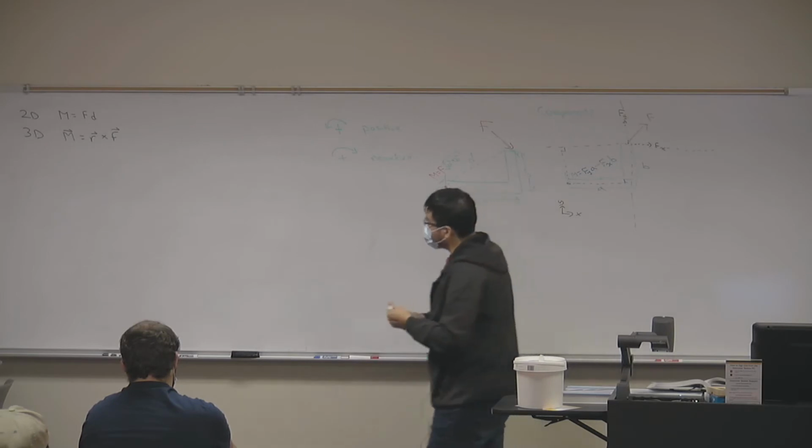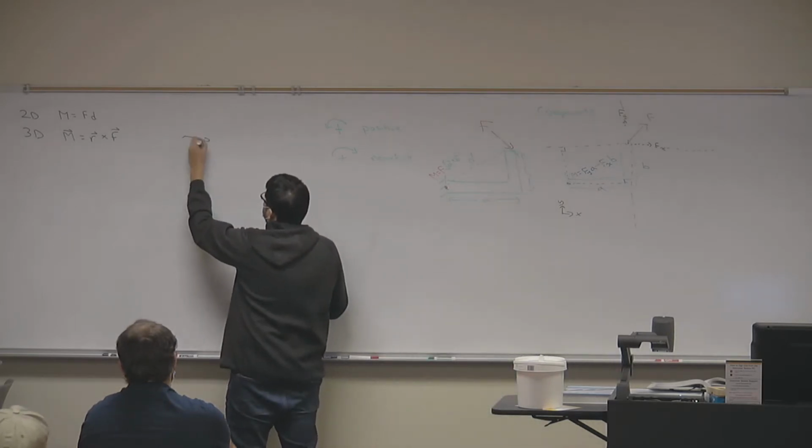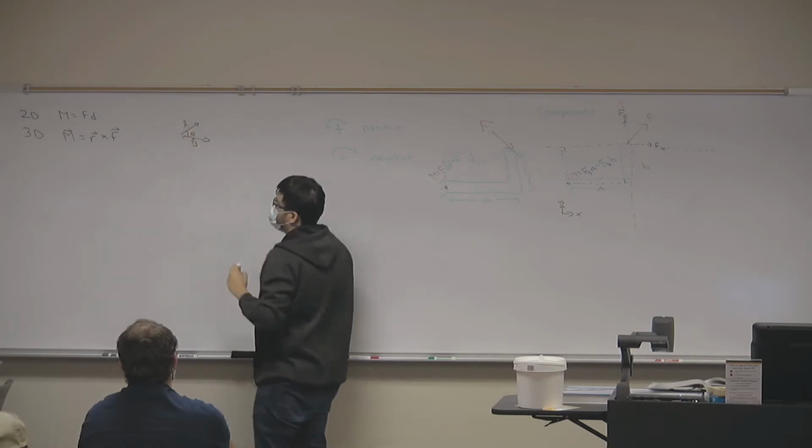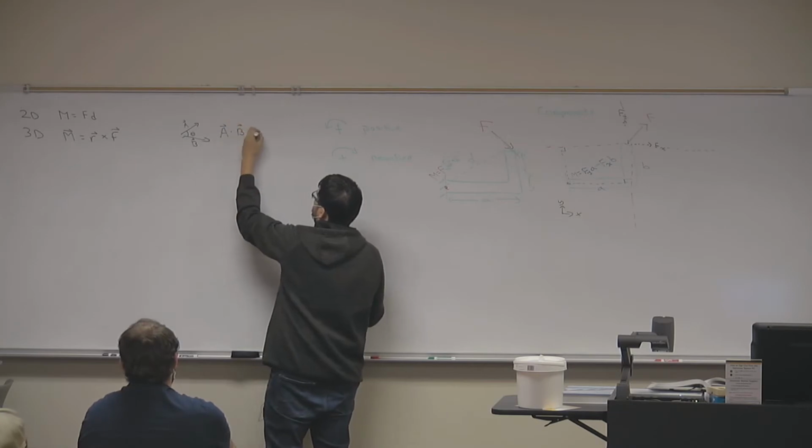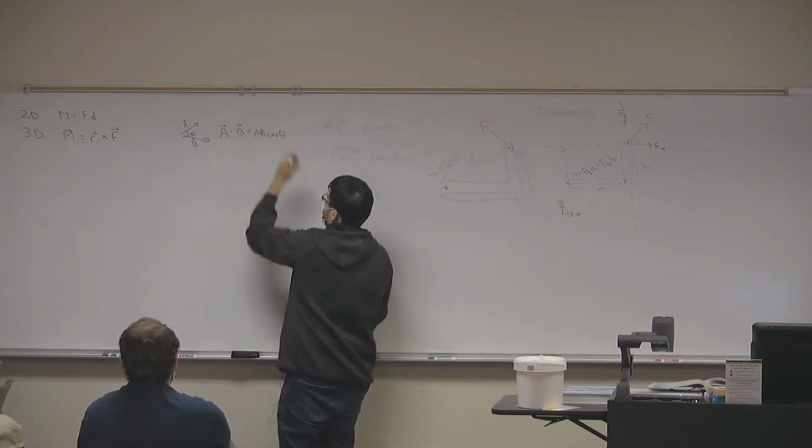In other words, if we were looking at two vectors, A and B, with an angle theta, my dot product said that A dot B was simply equal to AB cosine theta.